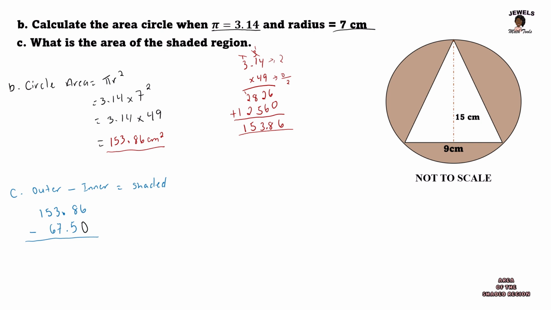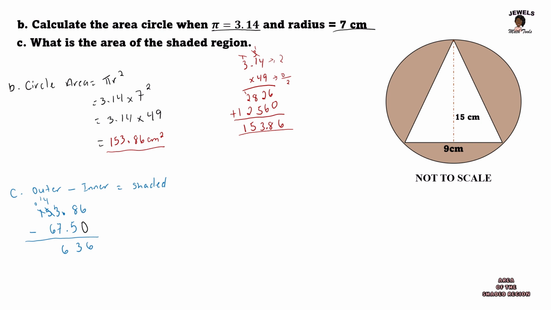So we know that 6 minus 0 is 6. 8 minus 5 is 3. 3 can't subtract 7, so we will borrow from the 5, making it 4. And then 13 minus 7 is 6. 4 can't subtract 6, so we borrow from the 1, making it 0.